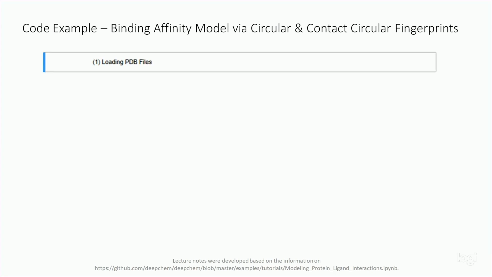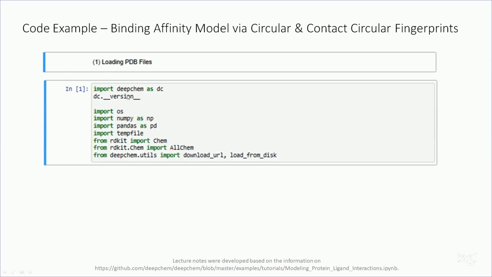gzipped file pdb_bind_core_df.csv.gz. First, we need to import the necessary modules such as deepchem, os, numpy, pandas, tempfile, and Chem under rdkit, or rdkit.Chem, and download_url and load_from_disk modules under deepchem.utils.